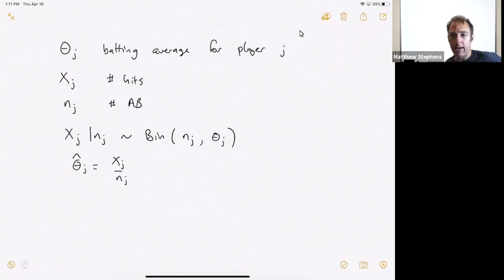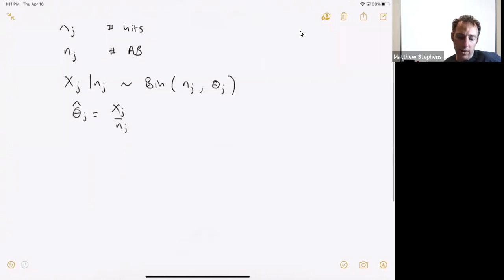And we noted that particularly if the number of at-bats is small, then this estimator might be quite noisy, and maybe we could do better by a Bayesian approach where we had some kind of prior on theta J. So let's suppose that theta J were beta with some parameters A and B. That's going to make the computations easy, because the beta is the conjugate prior for the binomial distribution.